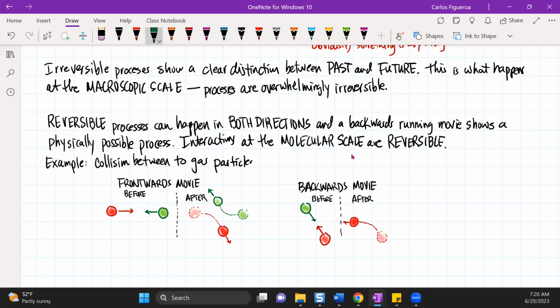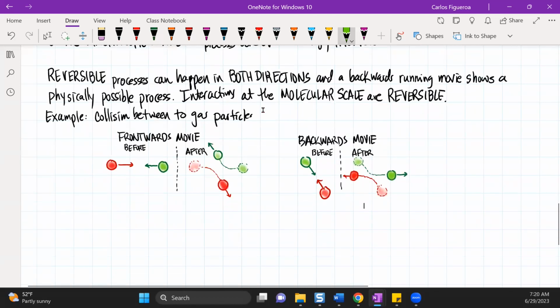And this other one starts off here, and then this one goes in this direction. So here's what you show. A movie of this process shows that it's clearly possible.